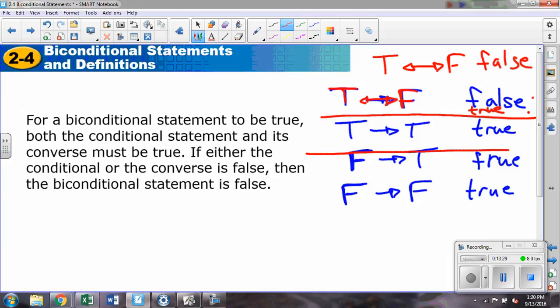Consider what happens with the true implies true case. When we change the direction, true implies true. That's true. And because both directions, forward and backward, are true, that means the overall biconditional is overall true as well.